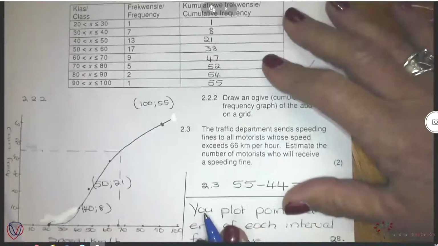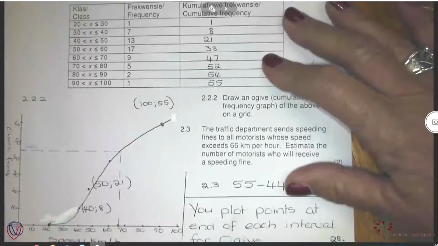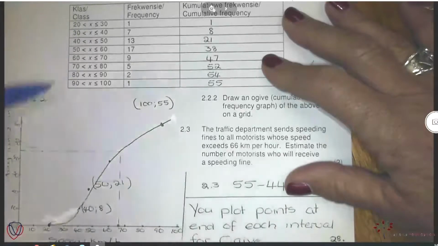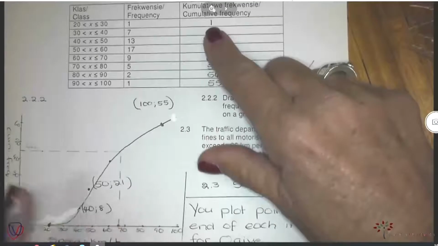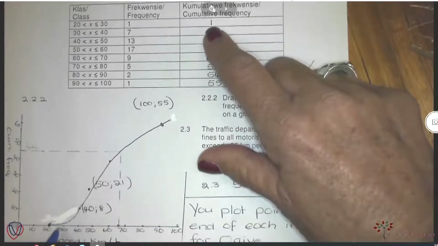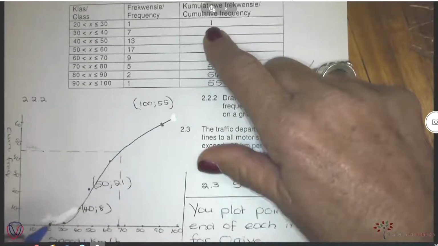When you plot points, you always plot it on the last number in your interval. So, let's have a look. 1, it's a cumulative frequency. 1 goes between 20 and 30. So the 1 is there. That's why I had to draw it out, because the graph made a bend like that. 20 is 0.